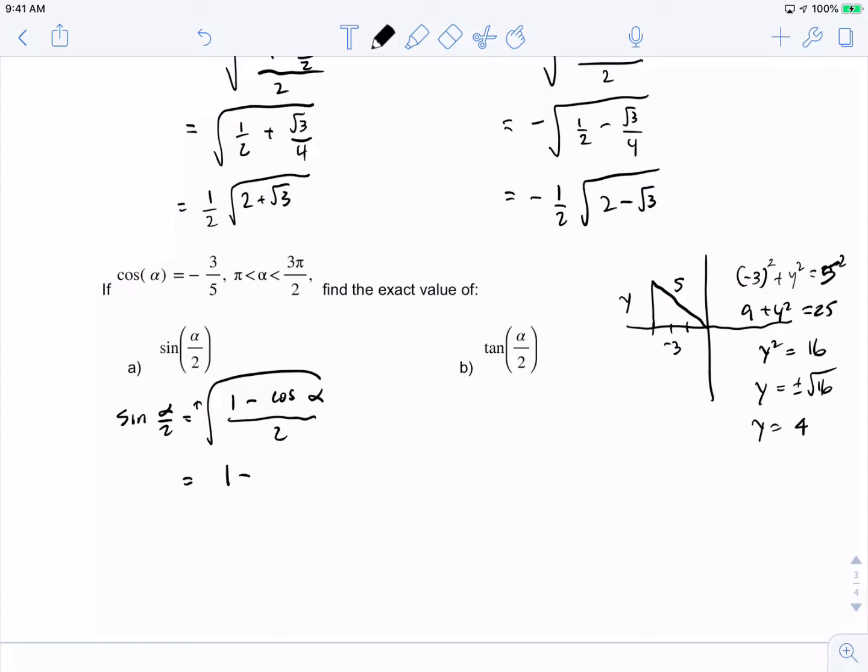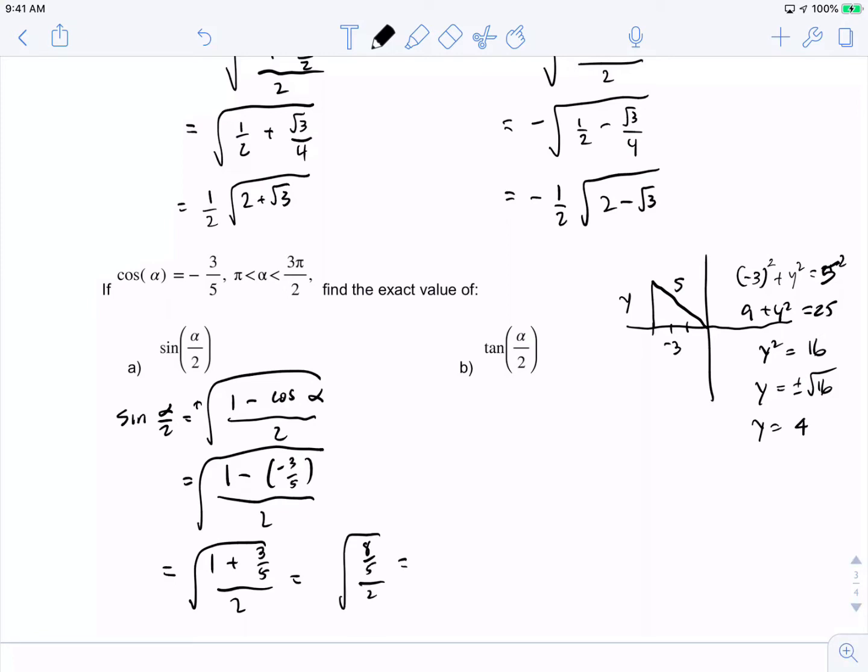So we're going to go 1 minus, and remember, cosine is x over the radius. So that's going to be negative 3 over 5 over 2, which gives us 1 plus 3 over 5 over 2. That cleans up to be 8 over 5 over 2, and that cleans up to be 8 over 10 square rooted. And we can clean that up. That's going to end up being 2 radical 5 over 5.